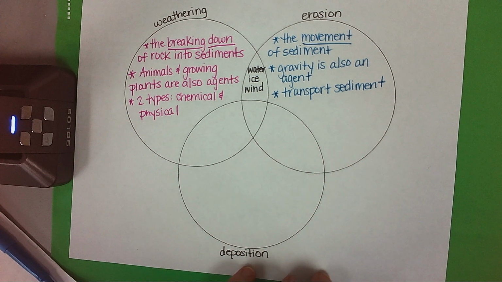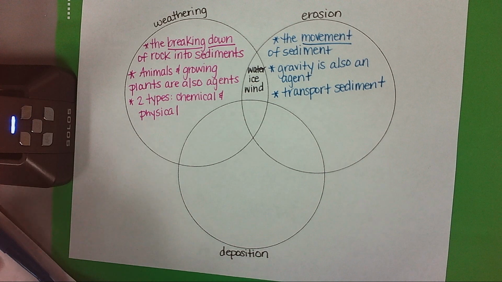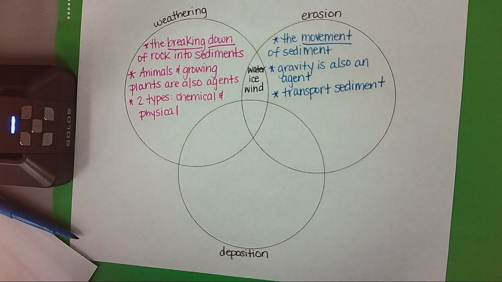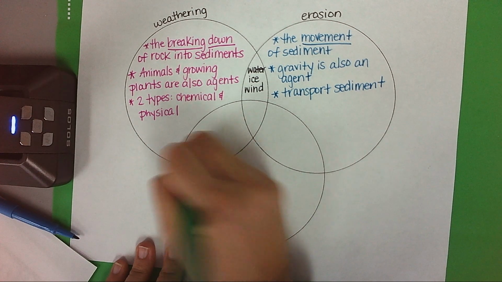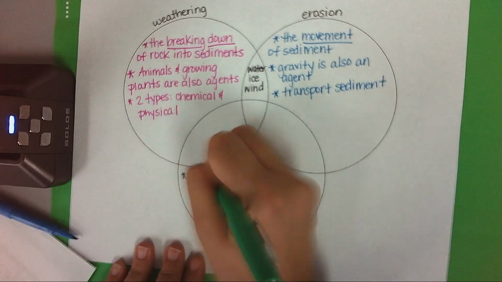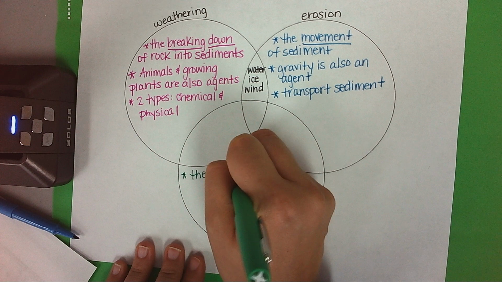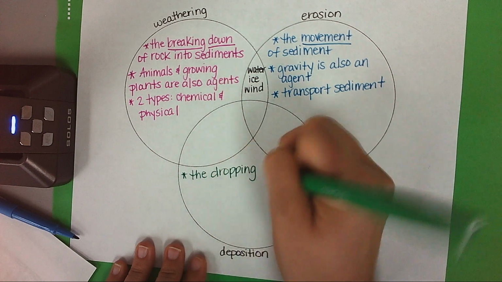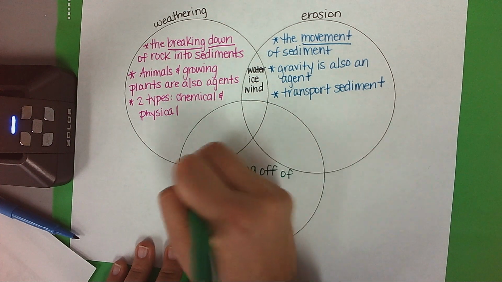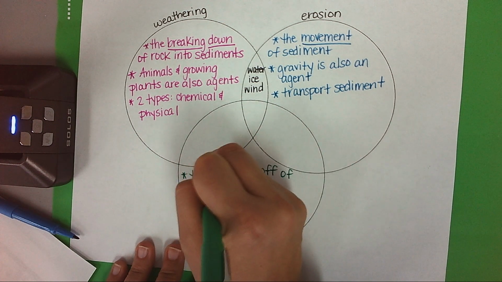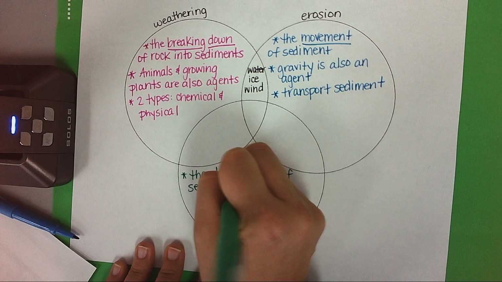Alright, so what do erosion and deposition, well, let's go on to deposition first before we do what they have in common. I apologize for that. Alright, so what is deposition? It is the dropping off of sediment in a new location.